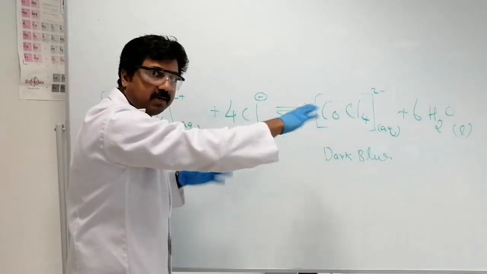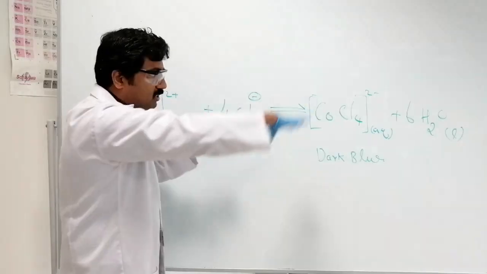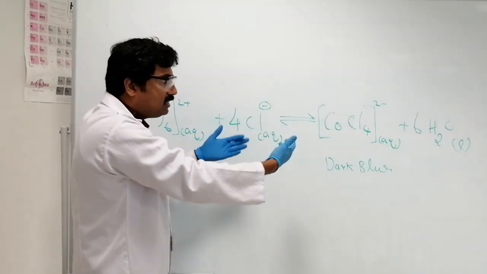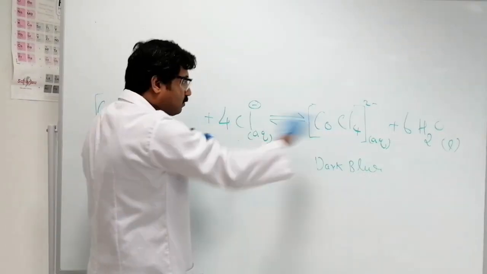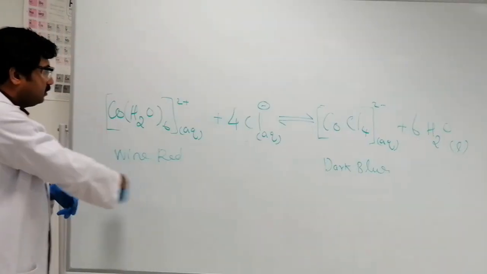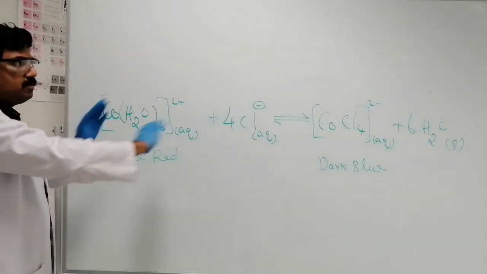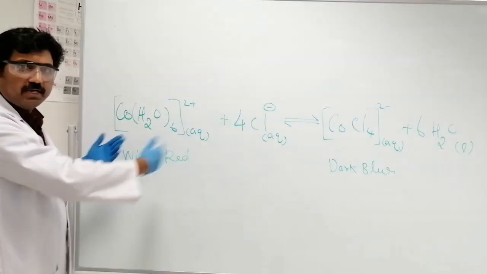According to Le Chatelier's principle, the system wants to adjust by itself so as to reduce the concentration and go back to the previous condition. So the only way is for the water molecules to react in the backward direction, and you get more and more of your cobalt hexaaqua complex. So the movement of this equilibrium, we can easily track just by observing the color change.